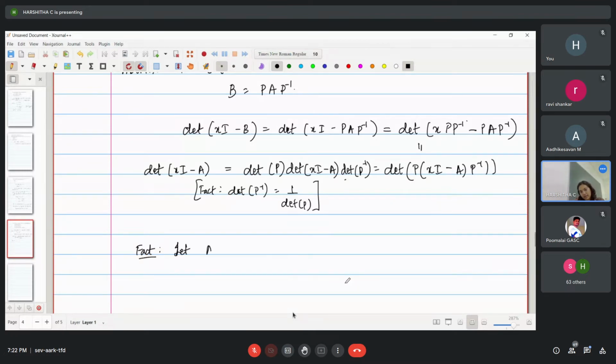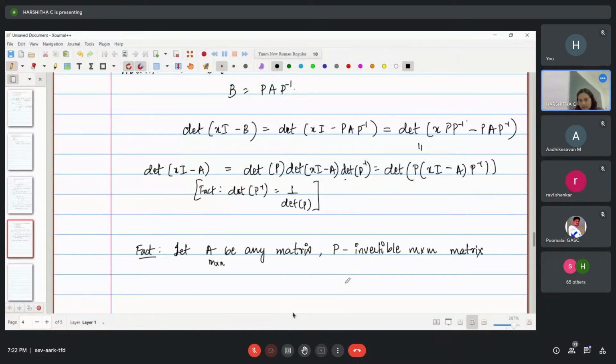Let A be any matrix, say m cross n. We are not even specifying that it's a square matrix.